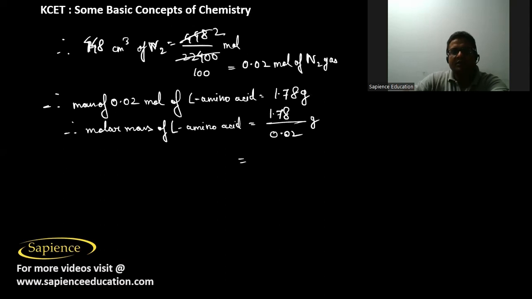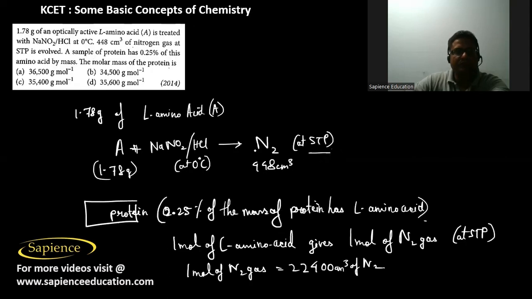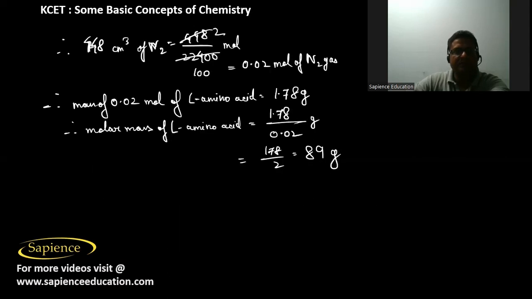So this will be 178 divided by 2, which is 89 gram. Therefore the molar mass of this L amino acid is 89 gram.